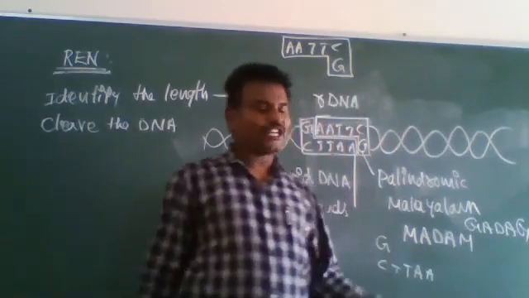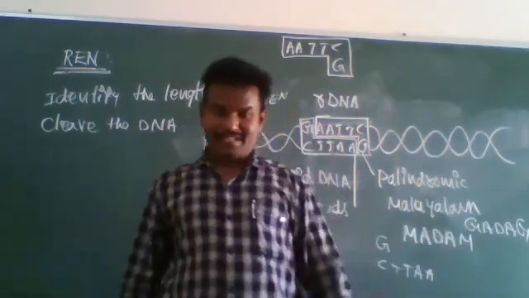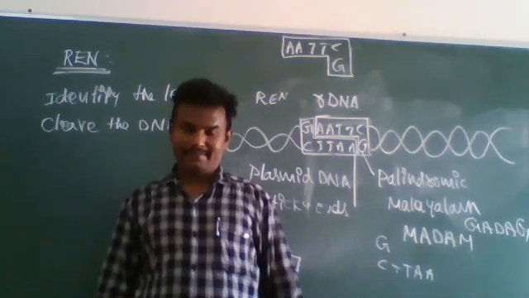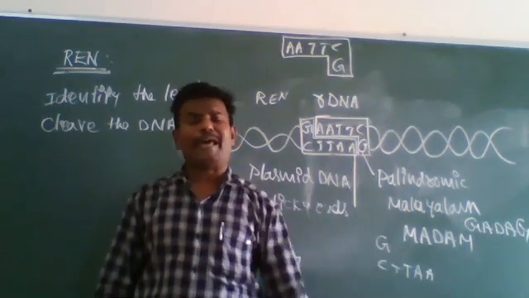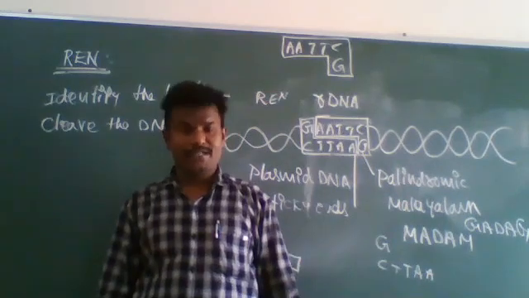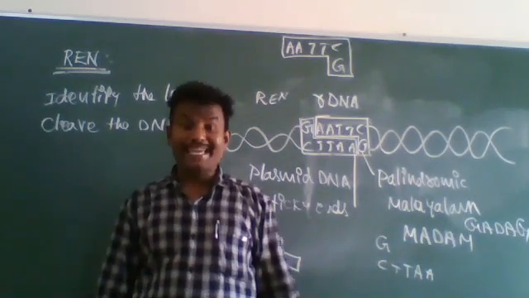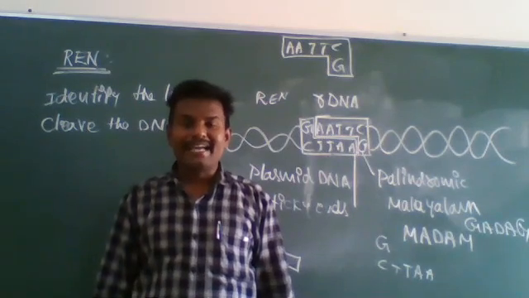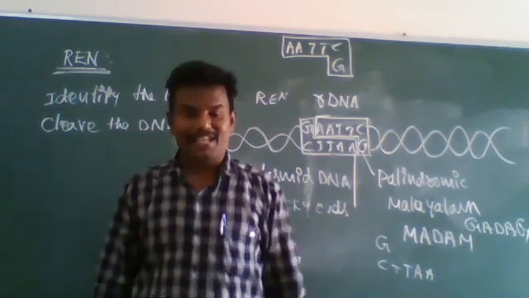Gadag. This is called a palindromic sequence. Like this, there are a number of palindromic words in English. Exactly this kind of sequence is cut by the restriction endonuclease enzyme.